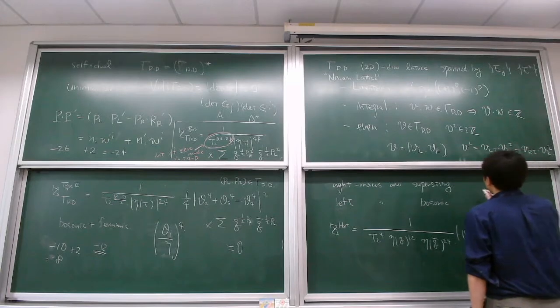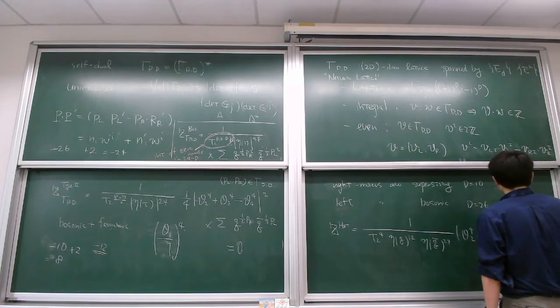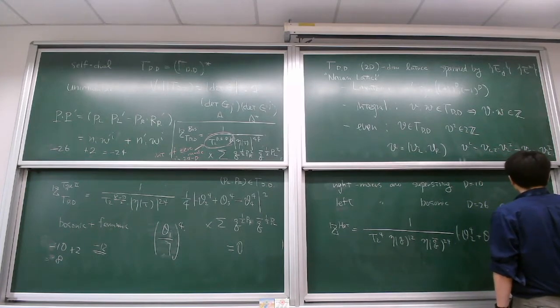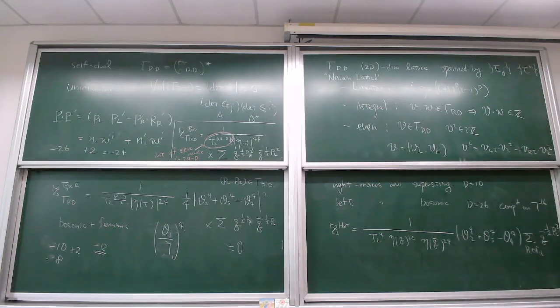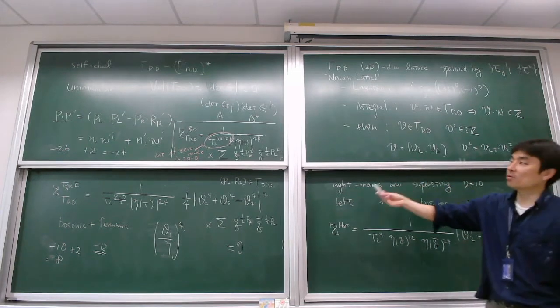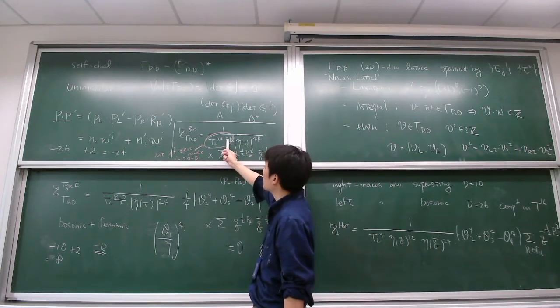So this is d equal to 10, and d equal to 26 but compactified on a torus of 16. Therefore the non-compact direction is d equal to 10. If you integrate out the zero mode, d is now 16 here.